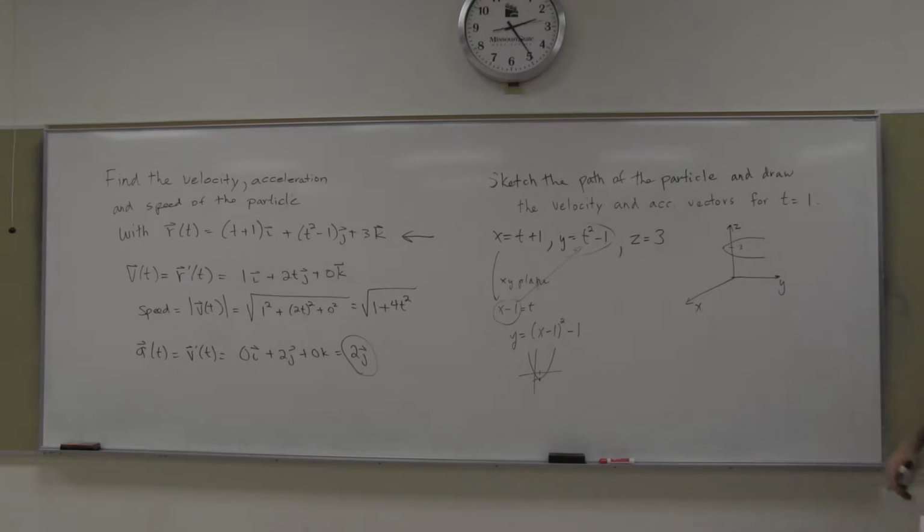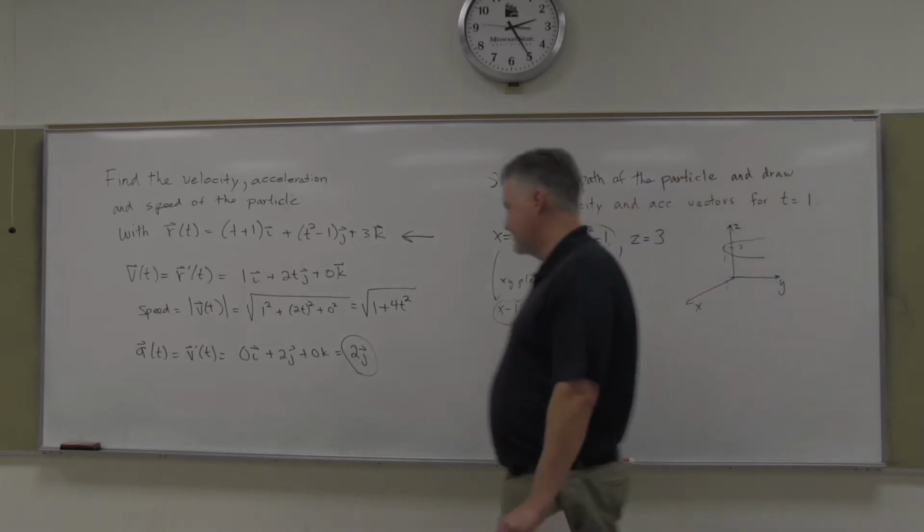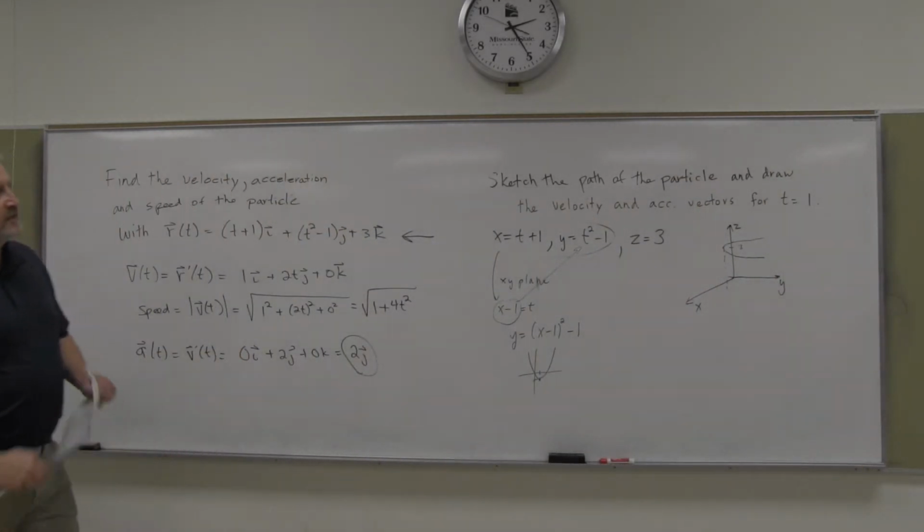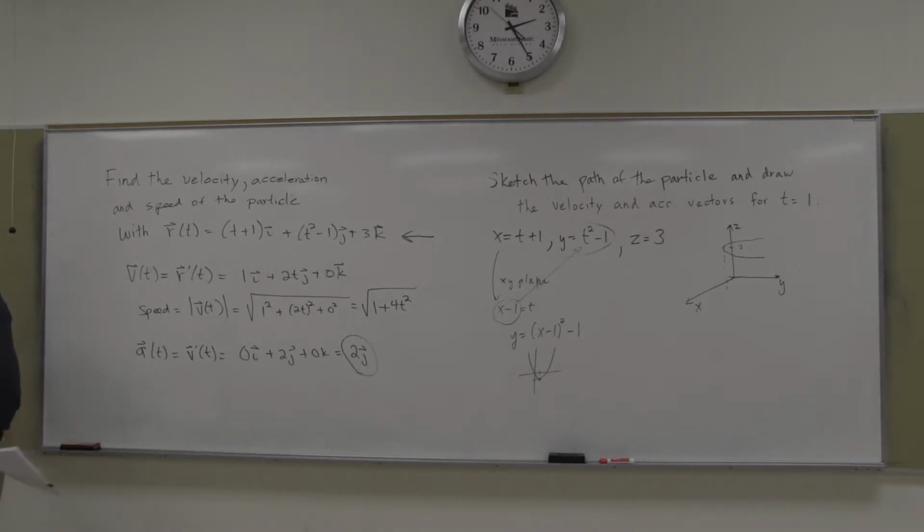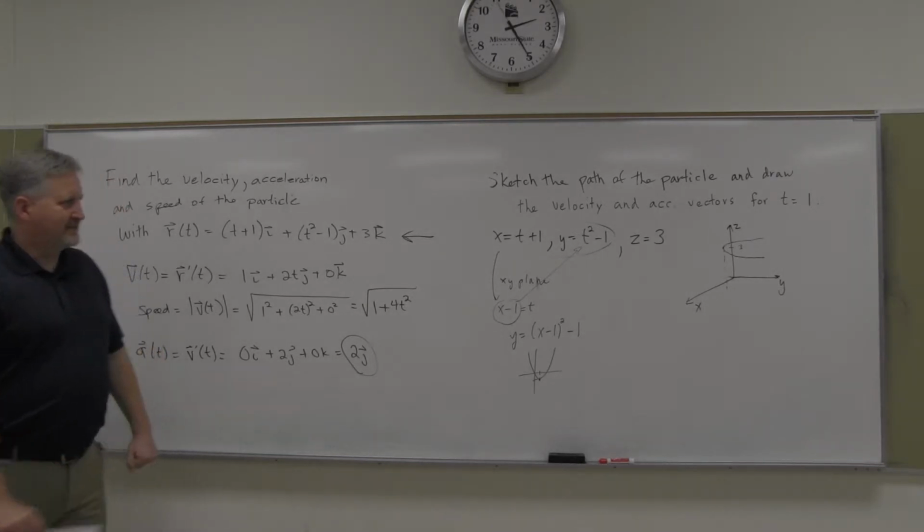It's hard to draw in 3 dimensions and 2 dimensions, but you get the idea. So this point here is 1 this way, and then 1 back here. So it's kind of out there. All right, so it's a parabola, but it's 3 units high. So that's another example of a 3-dimensional drawing. From time to time, we'll try to do some of those.